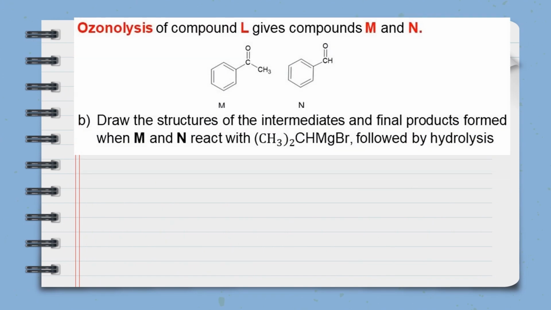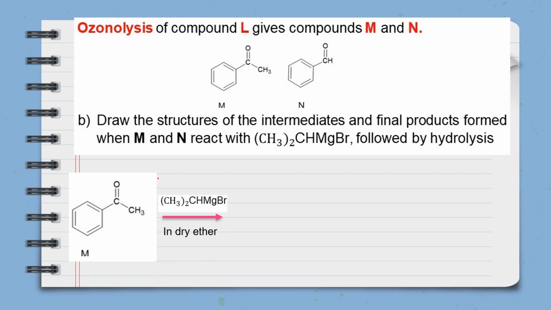Next, we continue with question B. Draw the structures of the intermediates and final products formed when M and N react with Grignard reagent, followed by hydrolysis. We start with structure M. When M reacts with the Grignard reagent in dry ether, it forms intermediate M. Let's check the change in our structure.